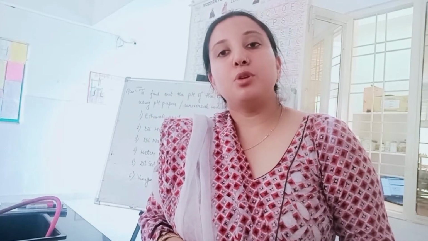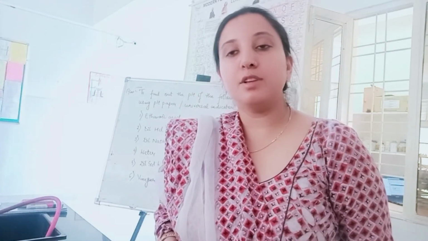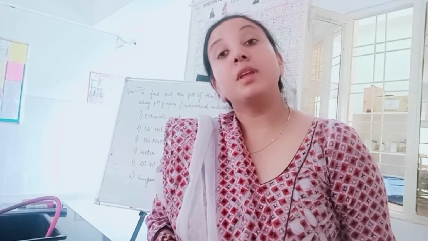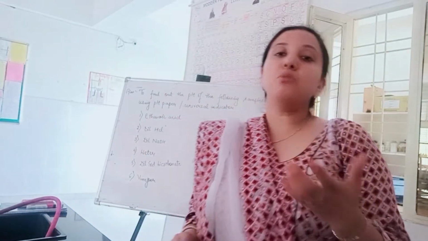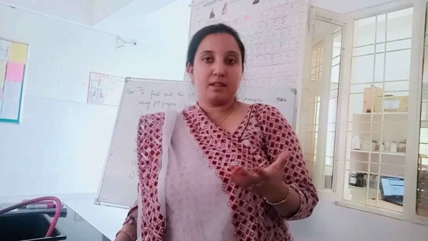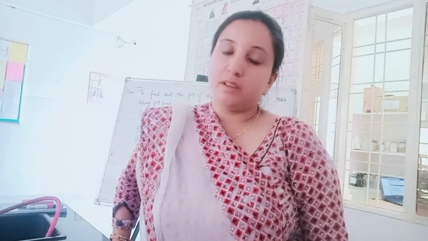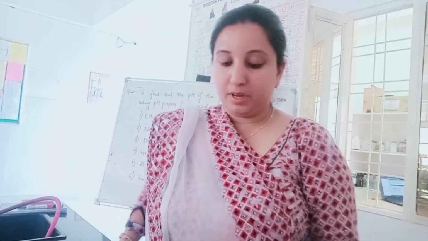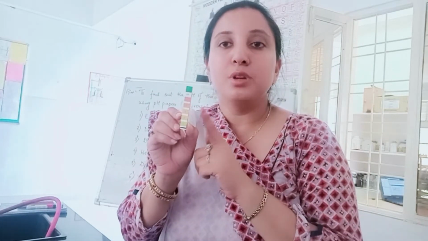Litmus paper we use for identifying whether the given sample is acidic or basic in nature. But today we want to analyze how strong the given acid is, or how strong or weak the base is. For that purpose we use a pH paper.